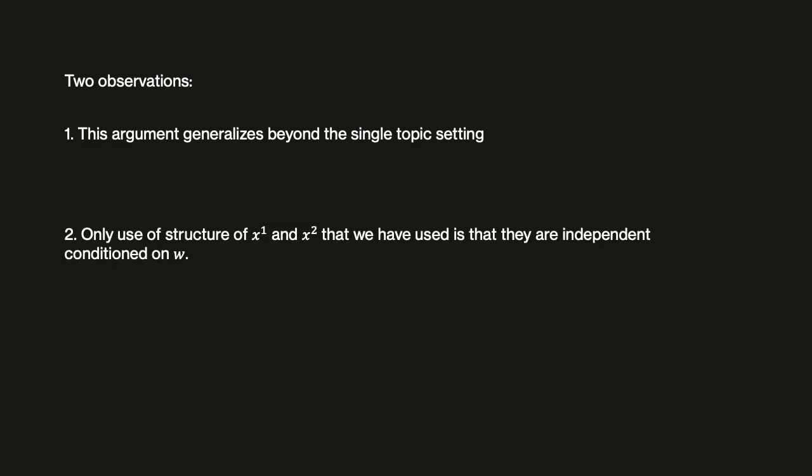The authors make two observations here. The first is that this argument can generalize beyond the single topic setting. And the second is that the only use of the structure of documents X1 and X2 so far is that they are independently sampled, conditioned on the topic vector W.